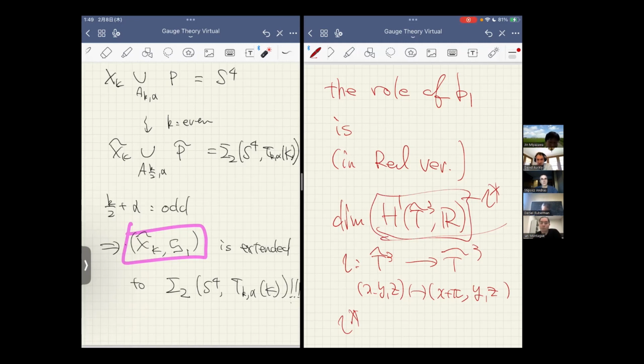So in the real situation, the real version of the Seiberg-Witten Floer homotopy type of T3 is the same situation as for an integer homology 3-sphere in ordinary Seiberg-Witten theory. Does it make sense?